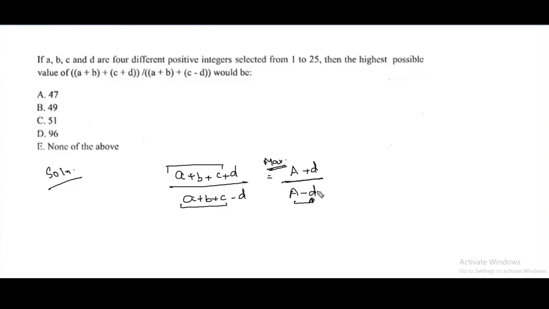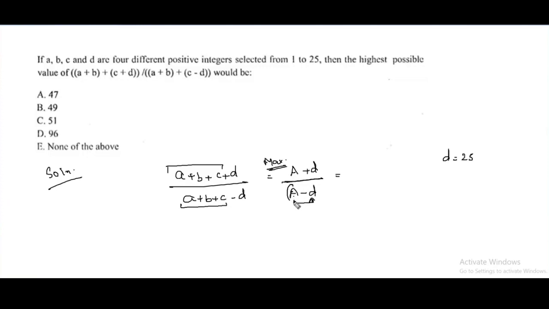And when a minus d comes out to be minimum, the denominator is lesser and numerator is more. So can I say if I take d as 25, because d cannot be more than 25, d can be maximum 25, and I want to make denominator small. If I want to make denominator small and as well as positive, then only it will be maximum positive.